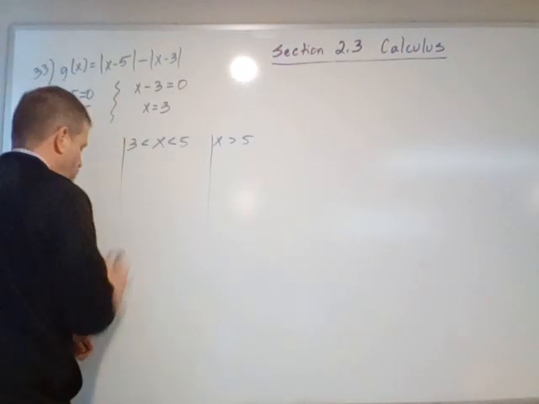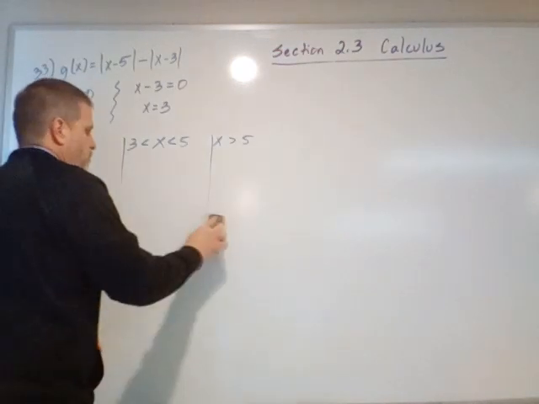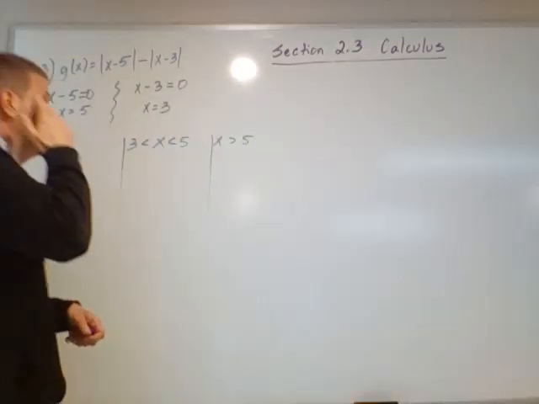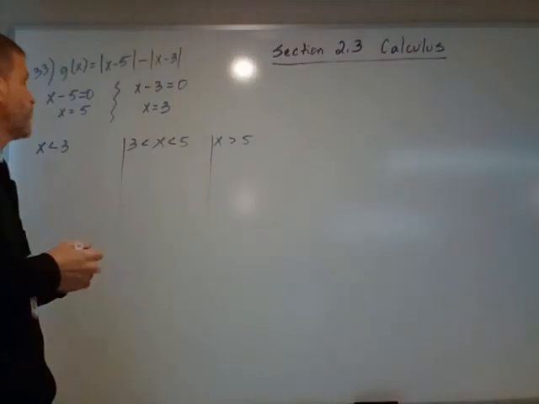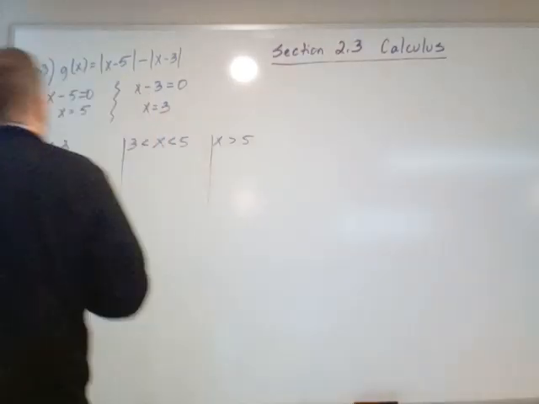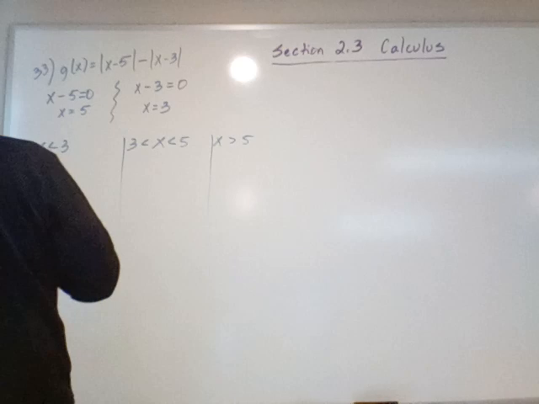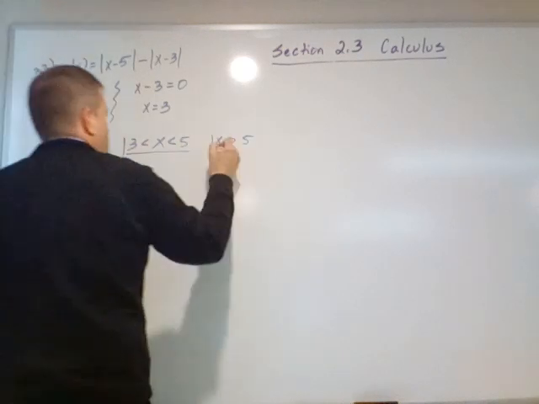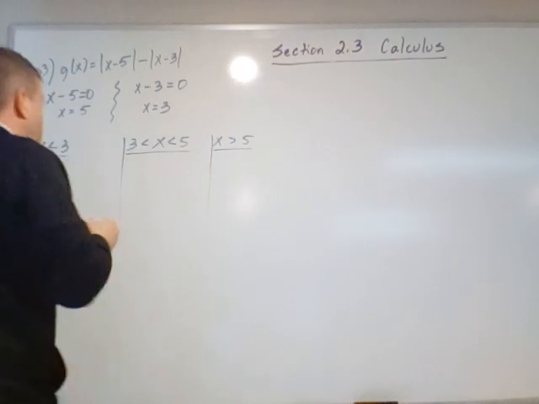Because we have two different critical values, we are going to have three different behaviors for the function. Okay, so now we are going to have to test each one of these intervals. We've got less than 3, between 3 and 5, and greater than 5.